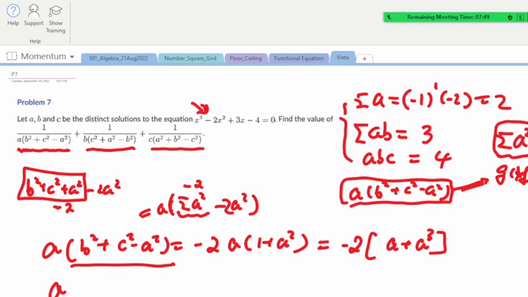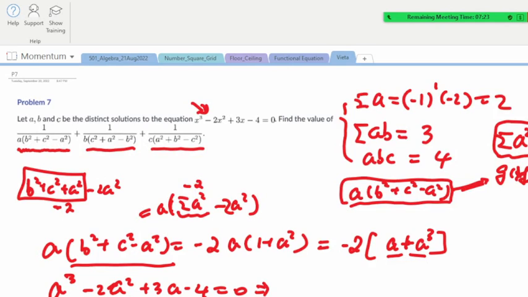Okay, what next? The next step, I write it as a plus a cube, right? How are we going to deal with it? Just think about it. I say a satisfies this one: a cube minus 2a squared plus 3a minus 4 equals 0.